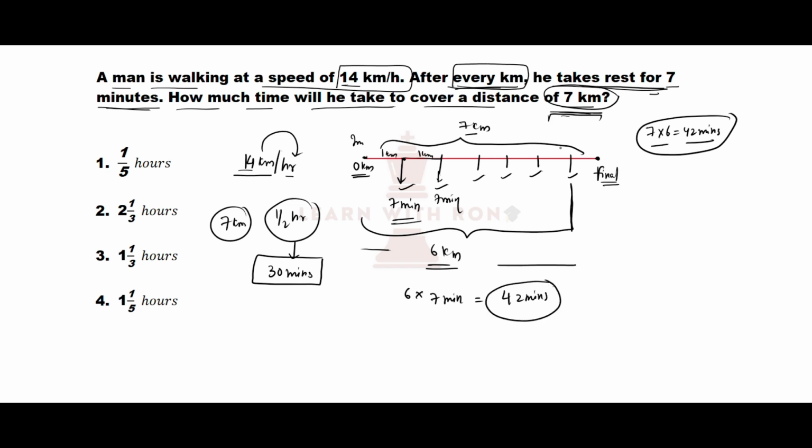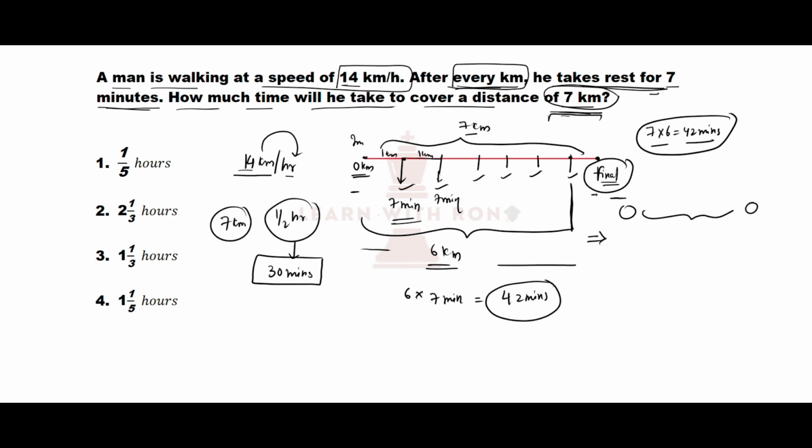See here, from the 6th kilometer, if he travels to the 7th kilometer, this is the final destination. After that, we will not count the resting point after reaching the final destination. Only we will calculate the in-between resting points from initial to final. It is like finding the number of numbers between two numbers. So number of points, how can I tell?